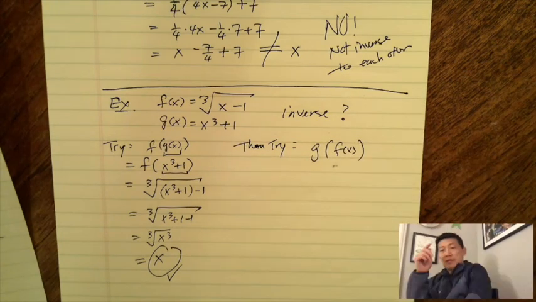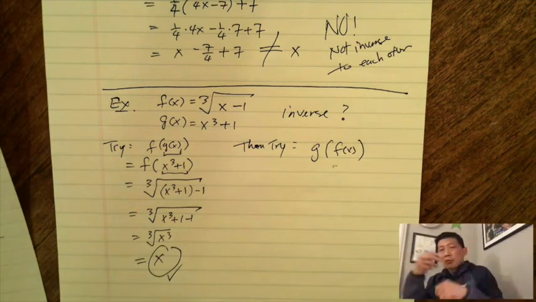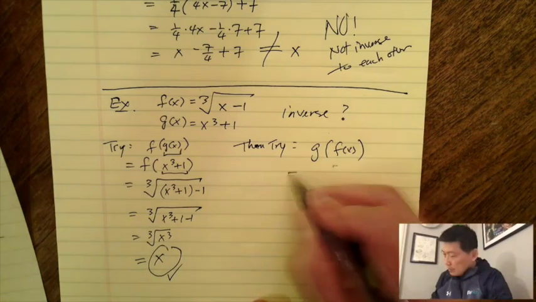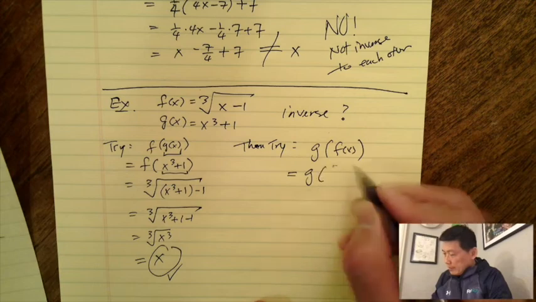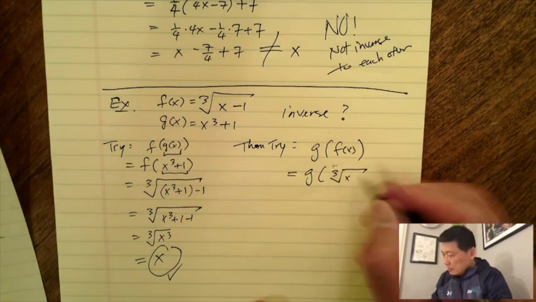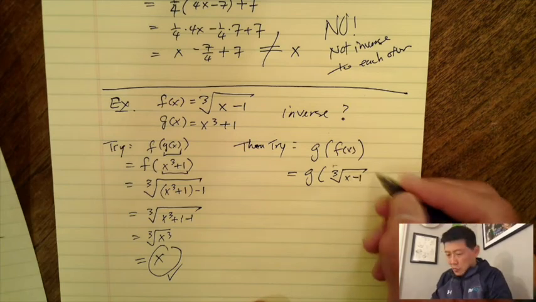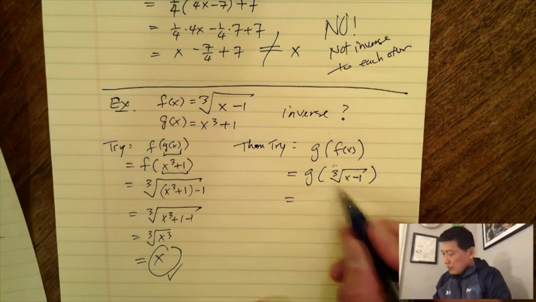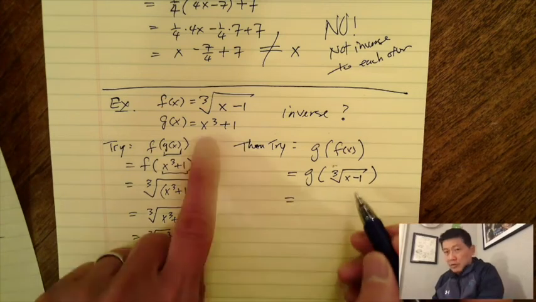Because if they are inverse to each other, it doesn't really matter which direction you input the functions and the relations. So in this case, g of f of x, and f of x we replace with what's defined over here, cube root of x minus 1. And now we take cube root of x minus 1 and put it all into this x right here for g, right?